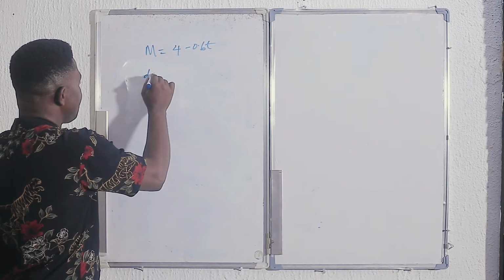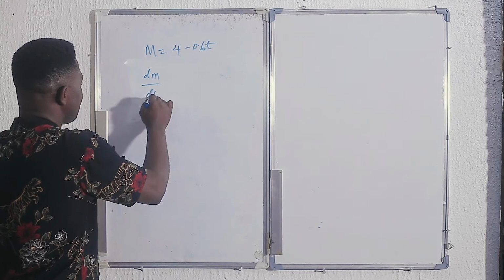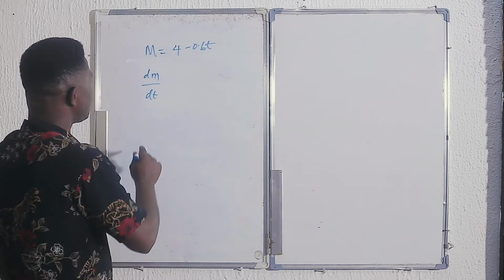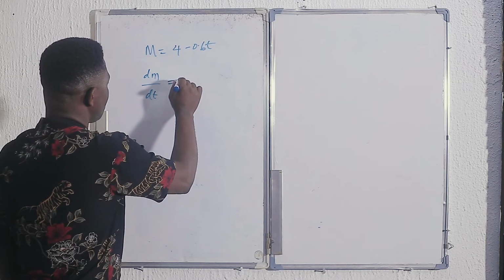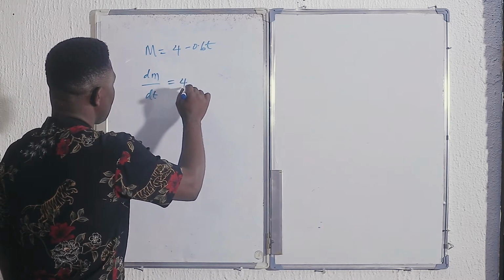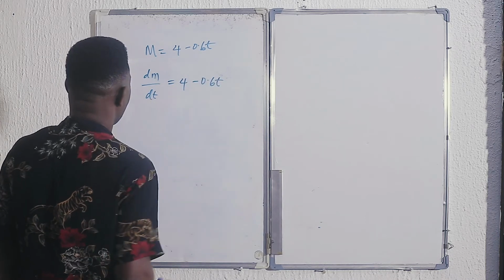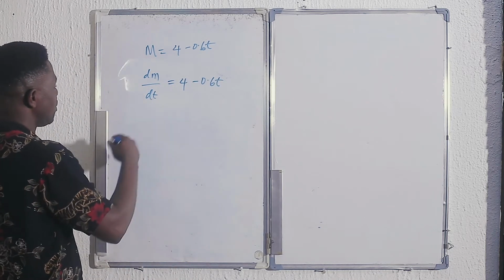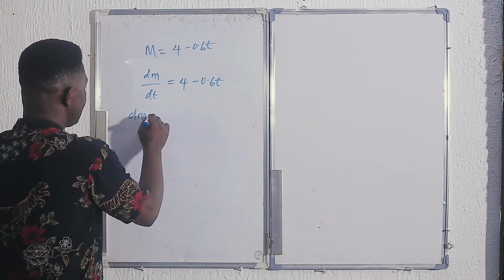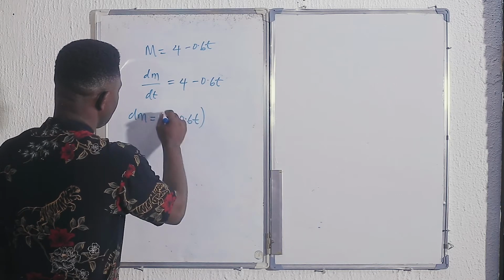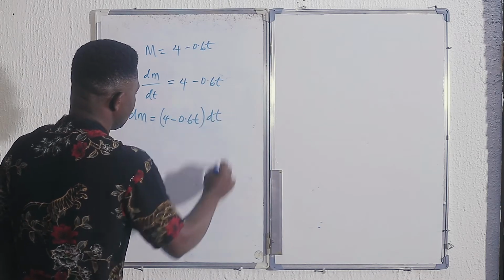So dm/dt, you differentiate the mass with respect to time, will be equal to 4 minus 0.60t. If we cross multiply this, dm is going to be 4 minus 0.60t dt.